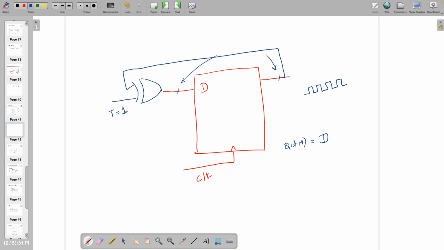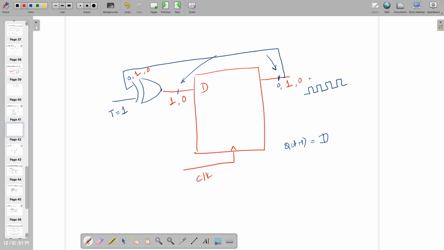T will be 1. When I am doing this, at the first instance this might be 0. Let us assume that the output is 0. So then 0 is going to be fed back, this will become 1. 1 will be available at the output after some time, that 1 will be fed back, 1 plus 1 will be 0, 0 will be fed back, it will come here.